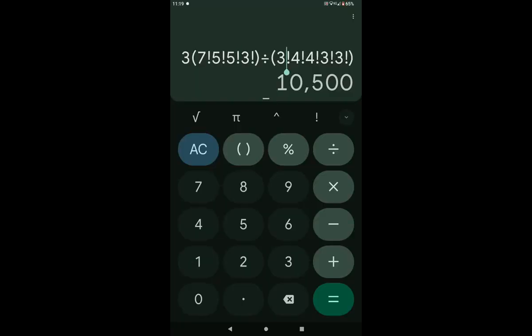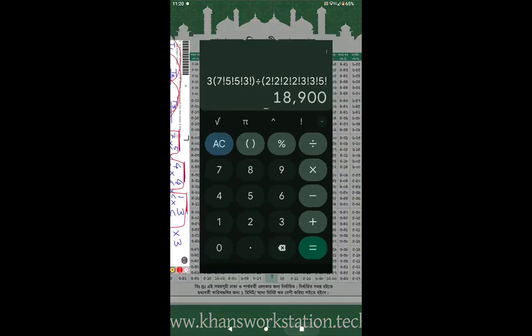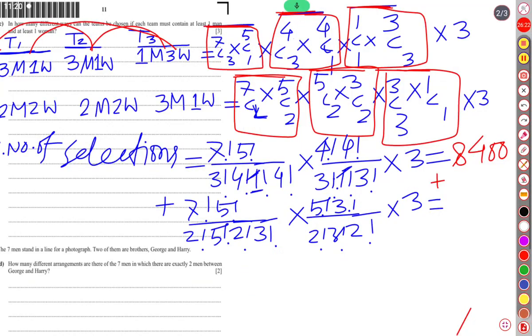So this is 2 factorial. Again, 18,900. It is 18,900.